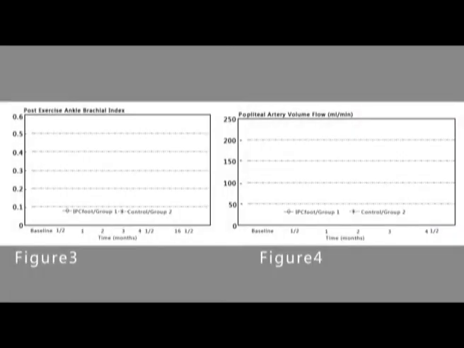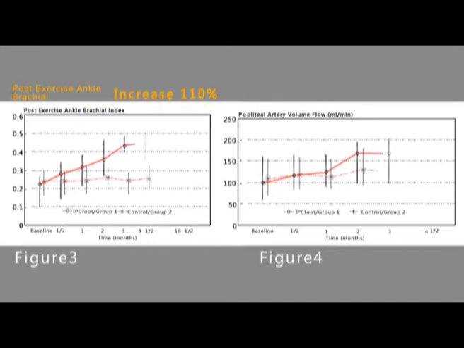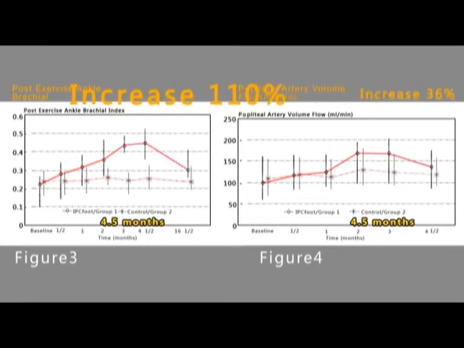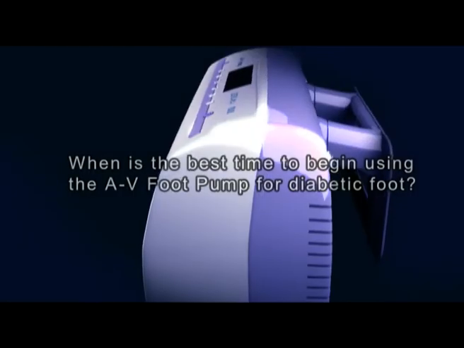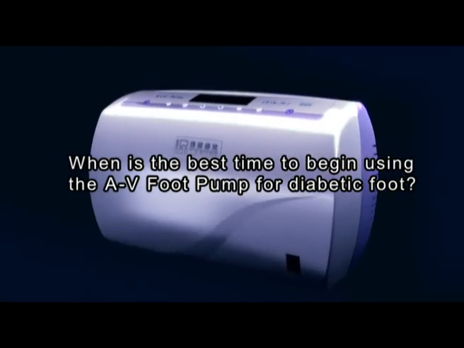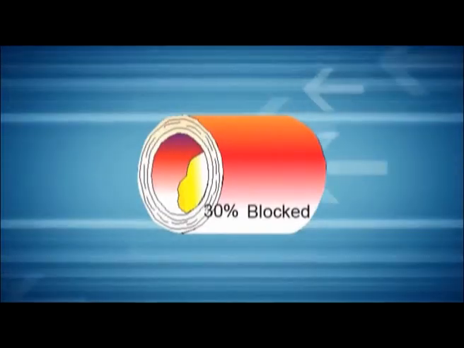Figures 3 and 4 show that the indicators reflecting lower limb blood supply, the ankle brachial index after exercise and the popliteal artery flow, in the use of 4.5 months, respectively increased by 110% and 36%.